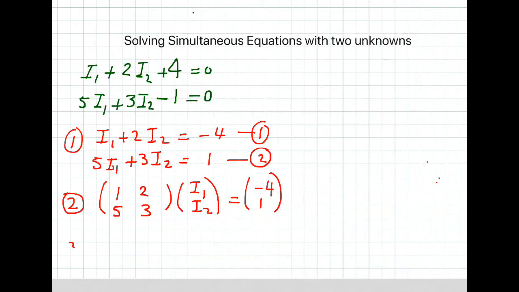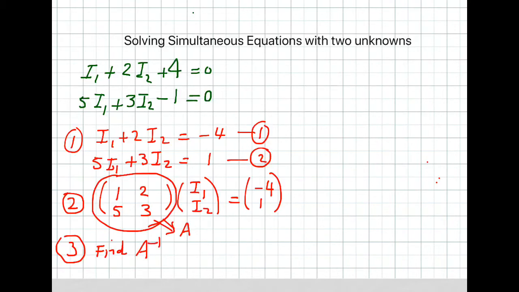Now the third step, we need to find the determinant of this matrix here. Let's call this matrix A. So we need to find the inverse of this matrix. And the way to do that, we have to find the determinant, as will be shown in a minute.